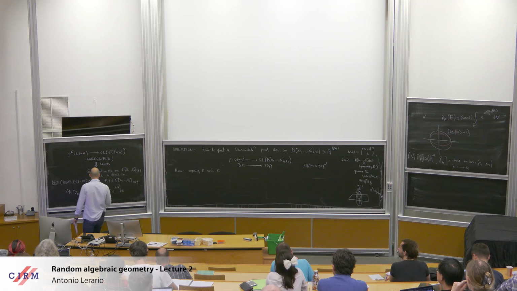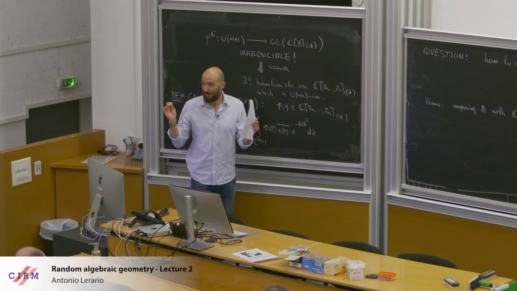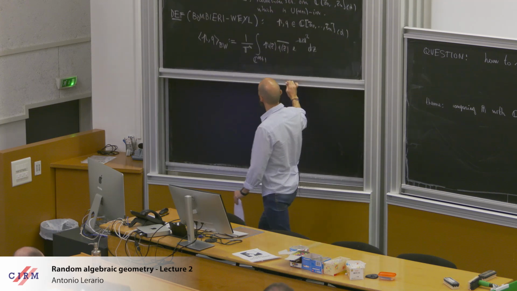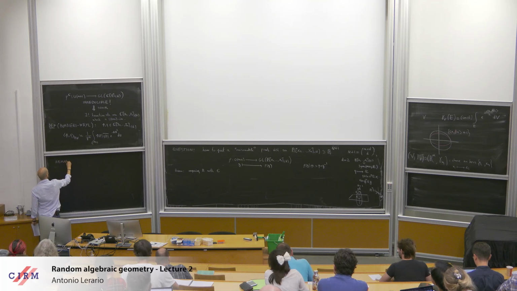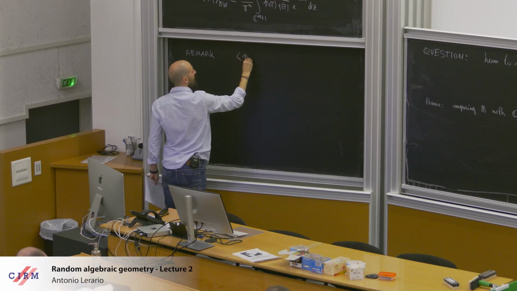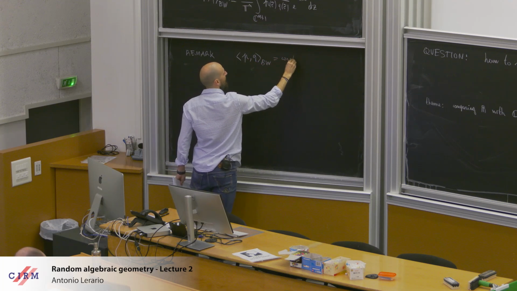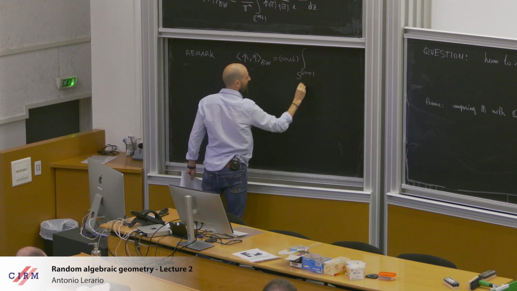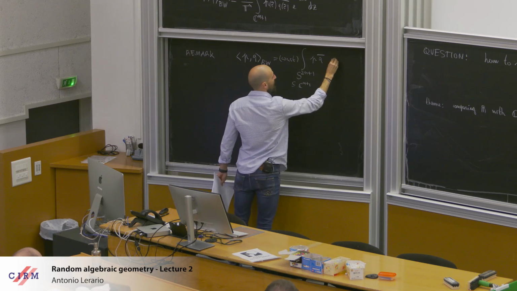Of course, a remark: by passing to polar coordinates, up to constants, this is the same as integrating on the unit sphere inside C^(n+1) just P times Q bar with respect to the volume measure of the sphere.